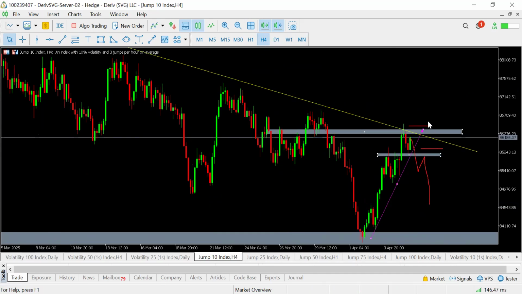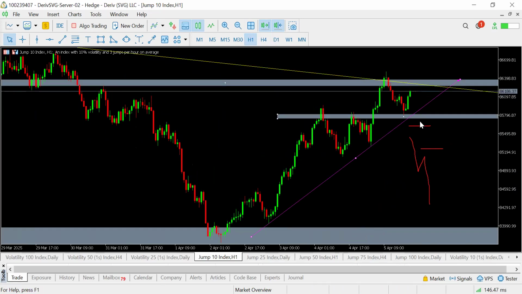But in this case, we have to wait for the market to break this counter trend line, make a retracement or a retest of the trend line or of this meaning support zone, which will now be acting as a resistance, and then we'll take our sell trade downwards.